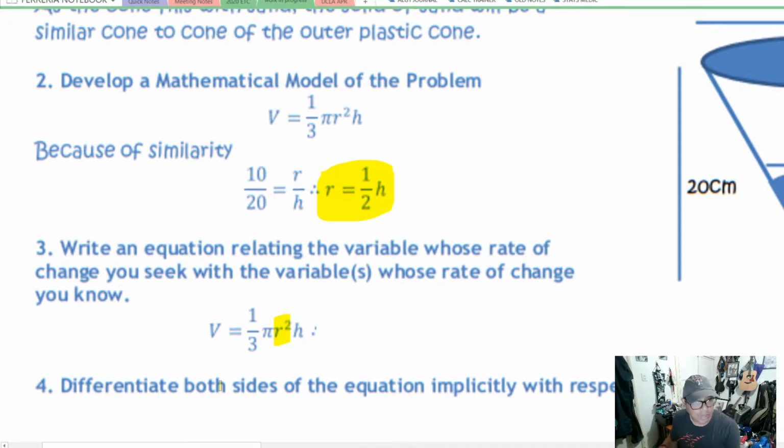When you square that, you get 1/4 h squared. You multiply it by the h, and now it's 1/4 h cubed. Then you multiply by 1/3, and now you get 1/12 h cubed. So volume is 1/12 pi h cubed.